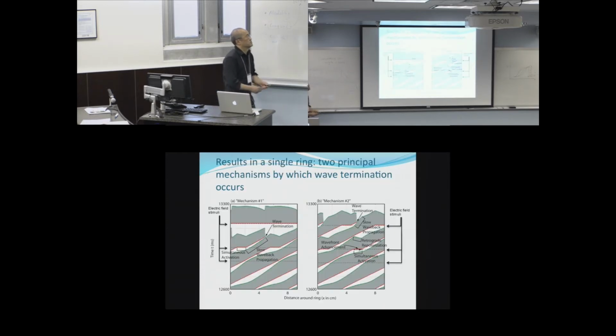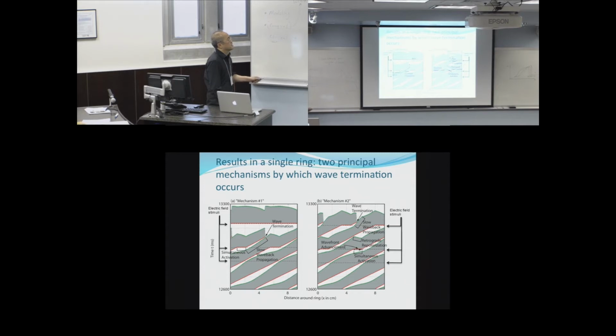Okay, so here's an example, which also doubles as the two major mechanisms that we see that terminate these waves. At the bottom you can see the rotating waves, in the case of one single ring. Here you have a single rotating wave, and you can see that this wave has discordant alternans on it. You can tell because of the wiggliness of the wave backs, which are the green edges of the waves.